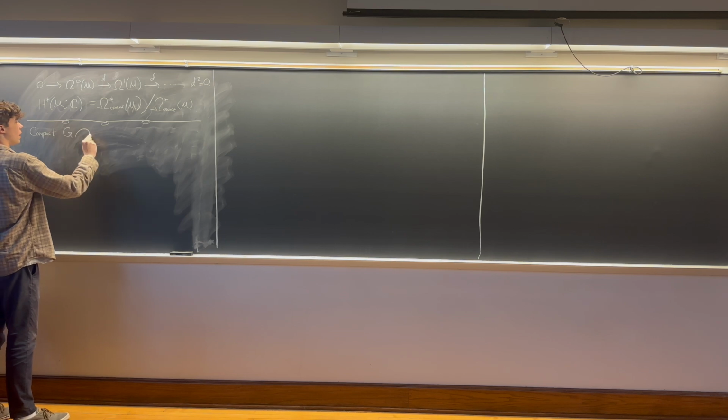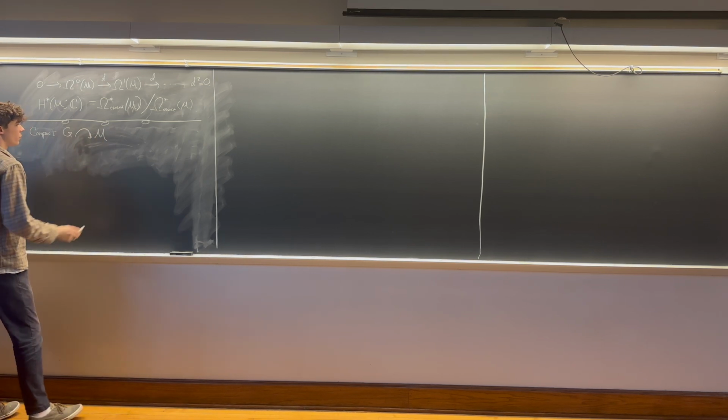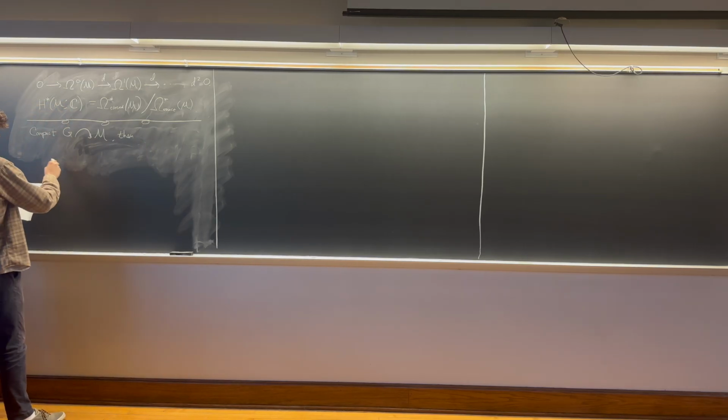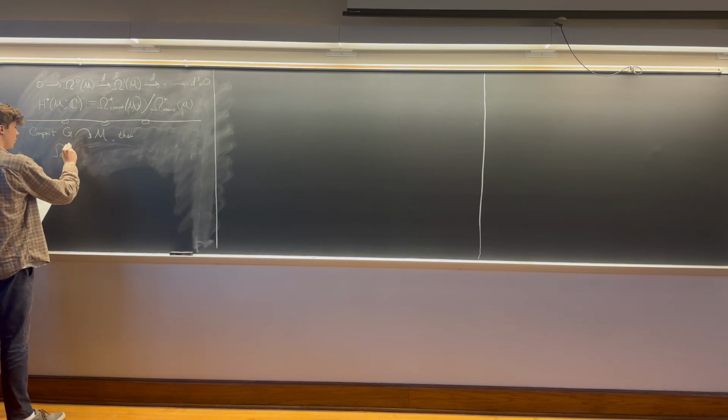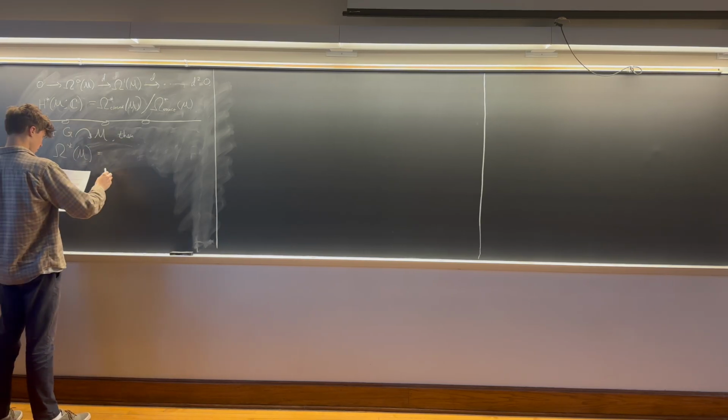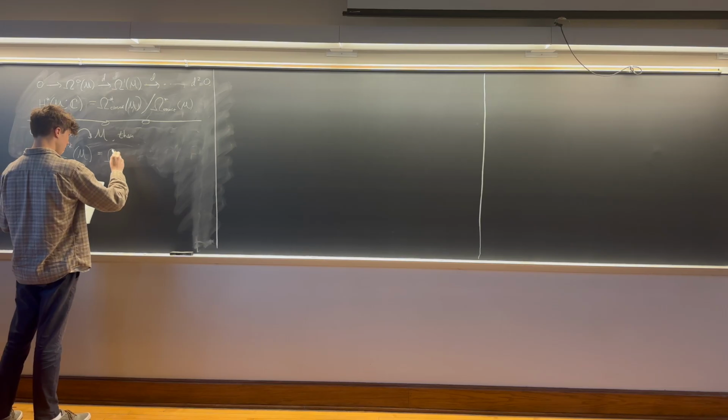But in any case, we use this to give quite an interesting result in terms of these differential forms, which is that if we have a compact Lie group G acting on our manifold M, then we get this sort of decomposition of the differential forms on M, given by, and I'll flesh this out more in a second.